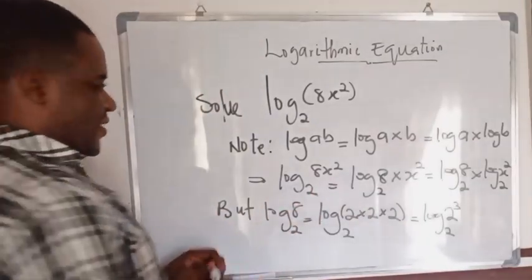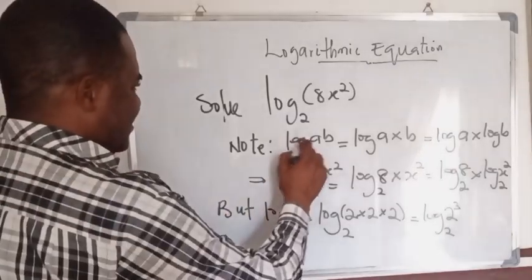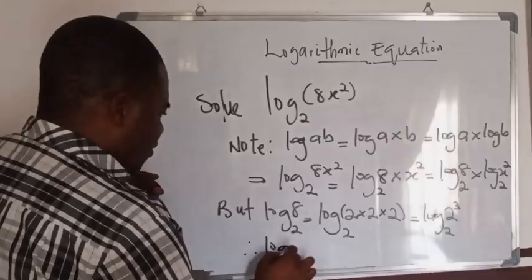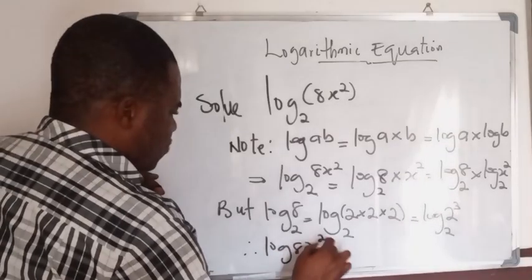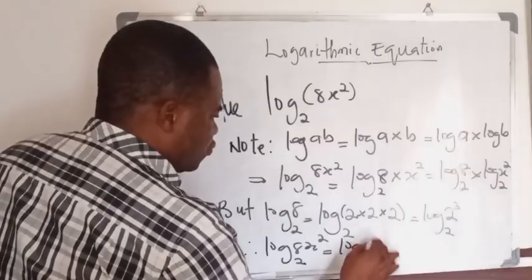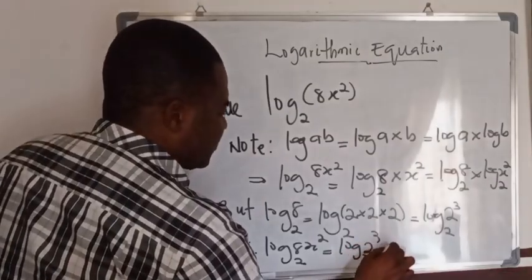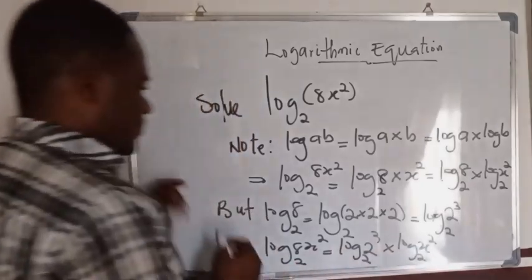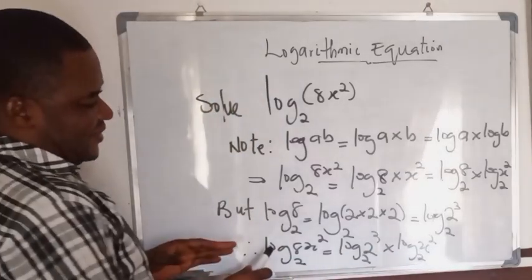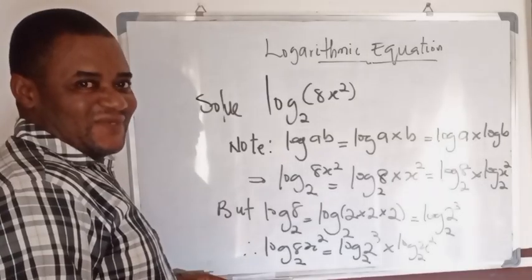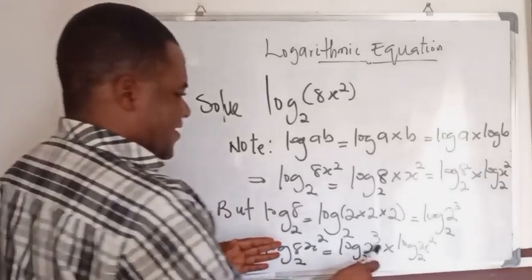It means that the log of 8x squared base 2 is equal to the log of 2 raised to power 3 base 2 times the log of x squared base 2. We can write this equation in this form.